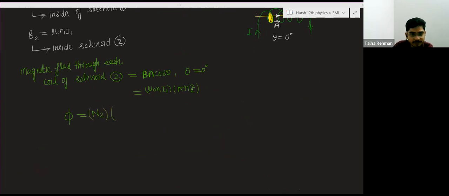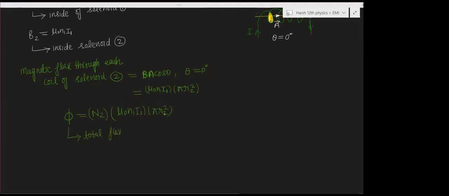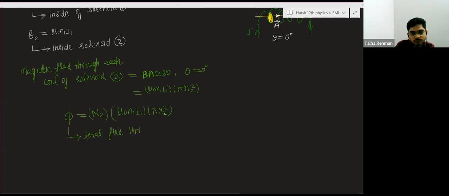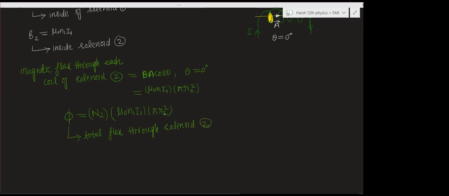So phi equals N2 mu naught N1 I1 into pi R2 square. And this phi is the total flux through solenoid 2.